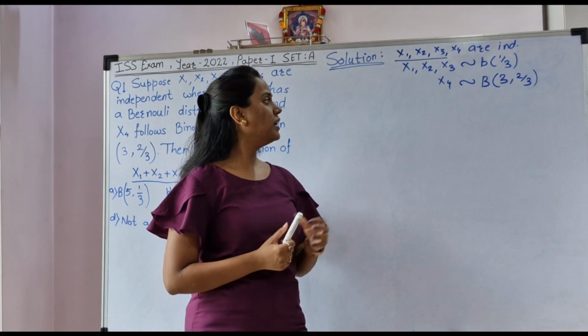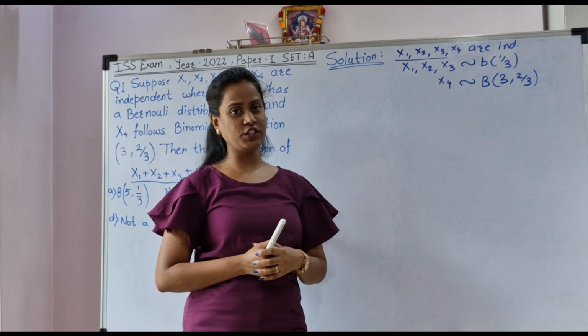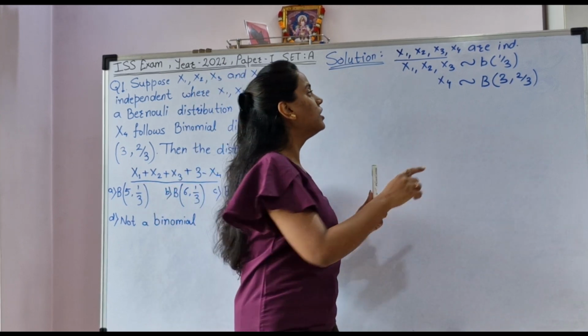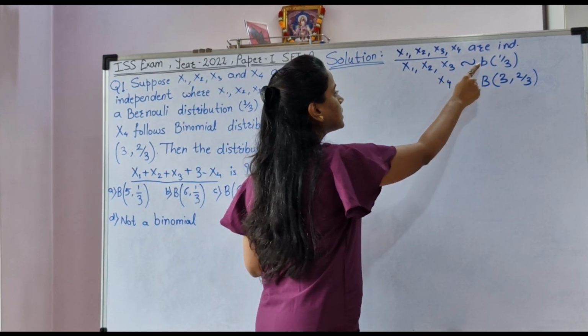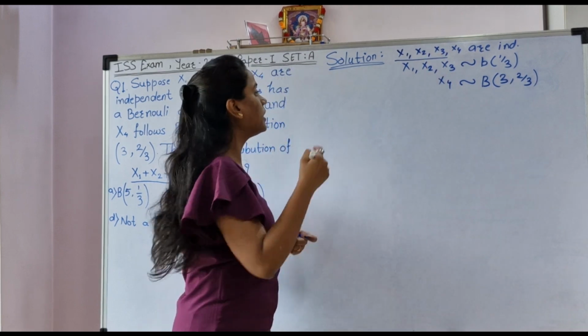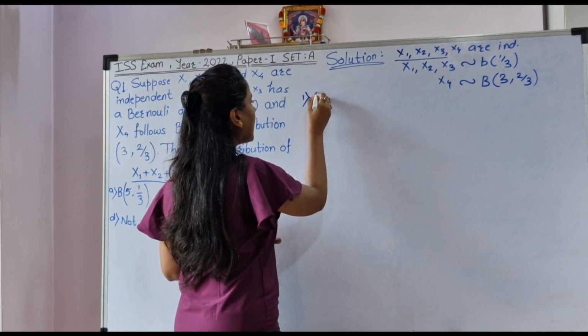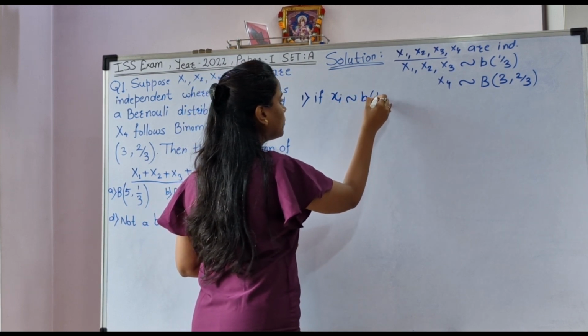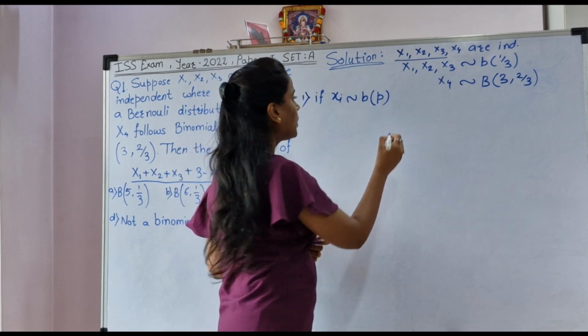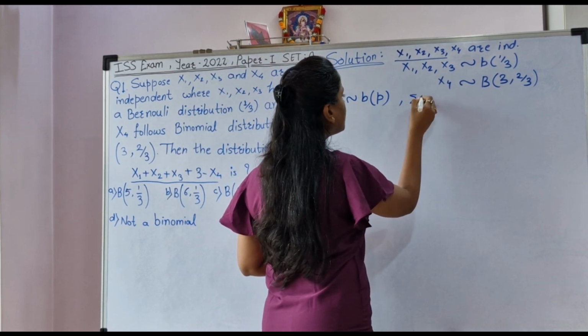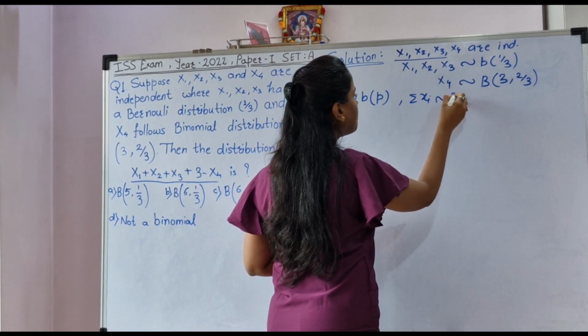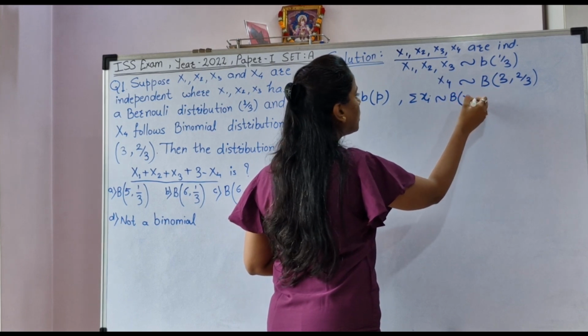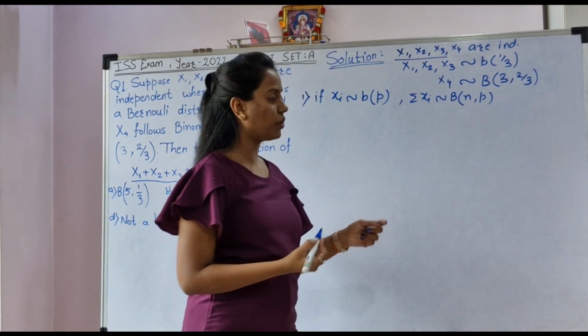How to do that? Here we will use a few results. First result: X1, X2, X3 follow Bernoulli. If Xi follows Bernoulli with parameter p, then the summation of Xi follows a binomial distribution with parameter n, p.